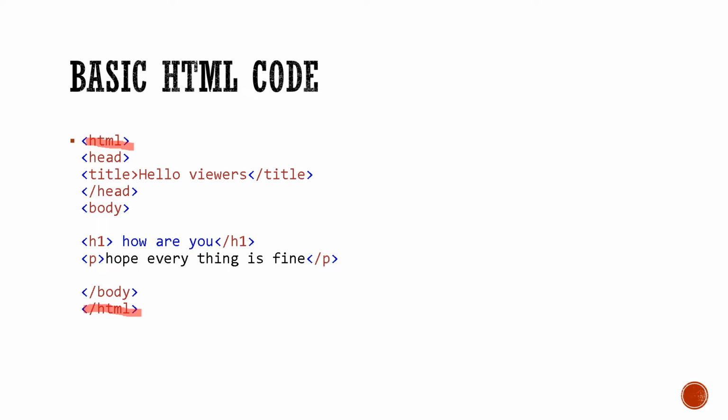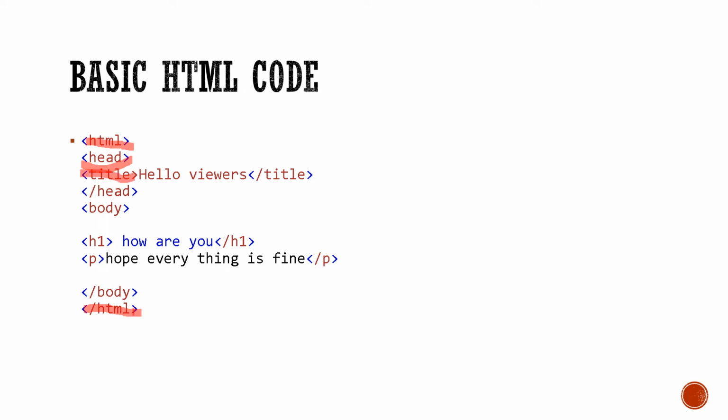Did you get it? Every open tag has a closed tag in HTML, and this was the basic HTML code. This was the head, and in this head it was written title, hello viewers. And what is the purpose of this title?